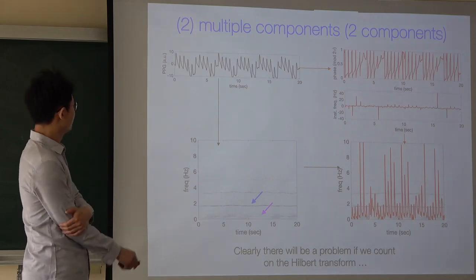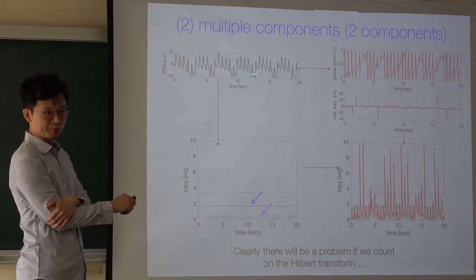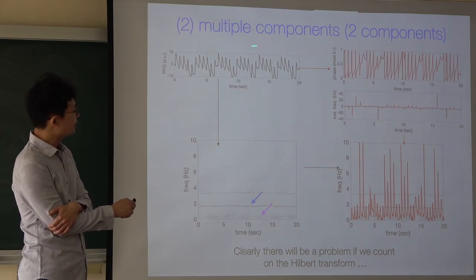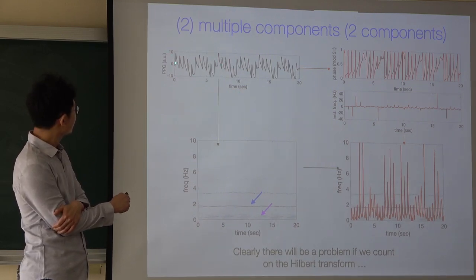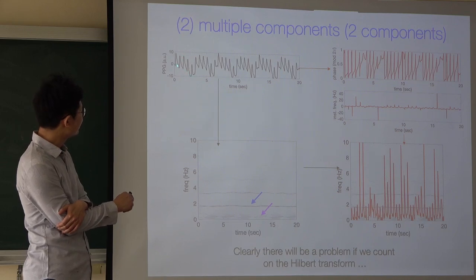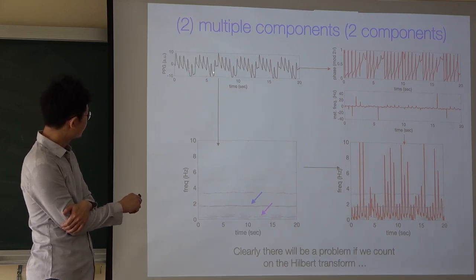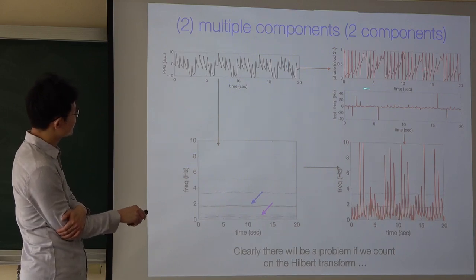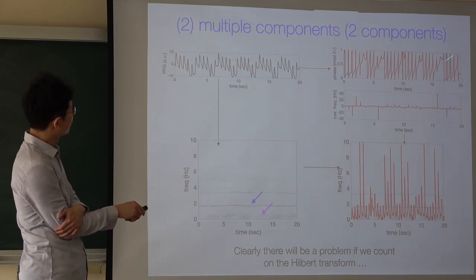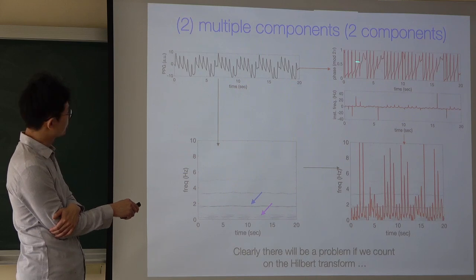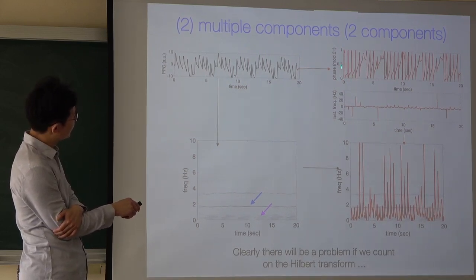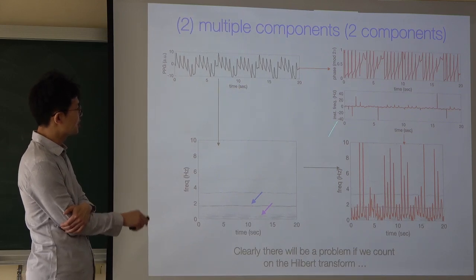Another example is here. This is the PPG signal, a real-world signal. And as I told you, there are 2 components inside. One is the cardiac component, the high-frequency one. Another one is the respiratory component, the low-frequency one. And that is the phase you get by using the traditional approach. Here, I plot the phase modulo 2 pi so that you can see the detail.